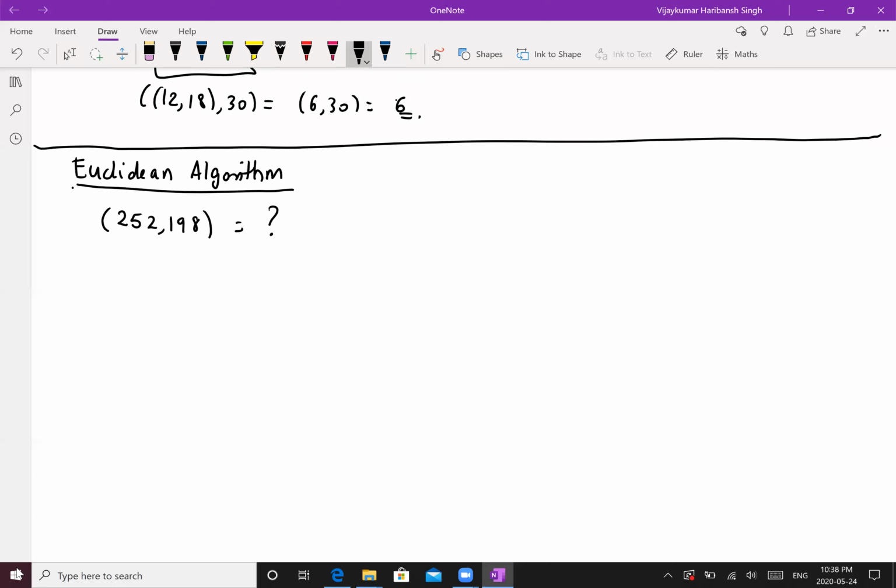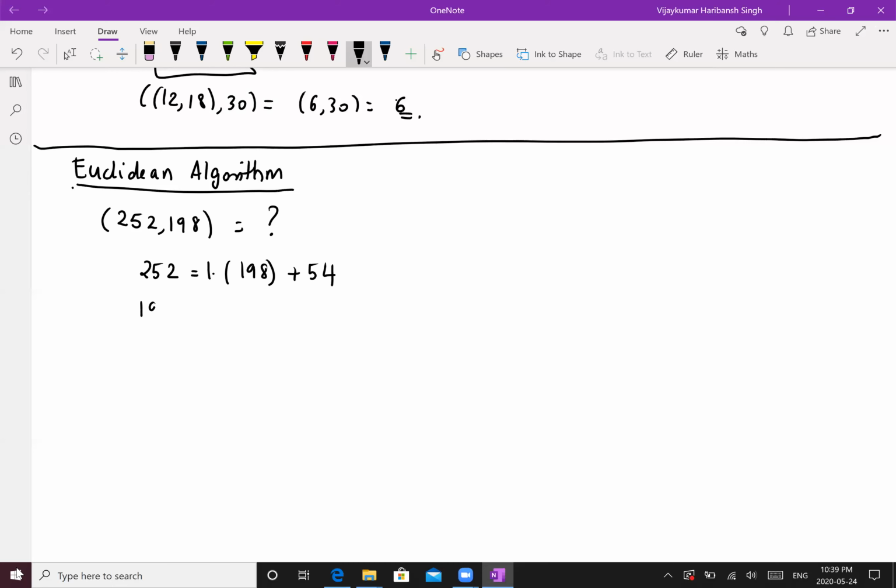Let's divide 252 by 198. It goes in 1 time, so 198 times 1, and the remainder is 252 minus 198, which makes it 54.